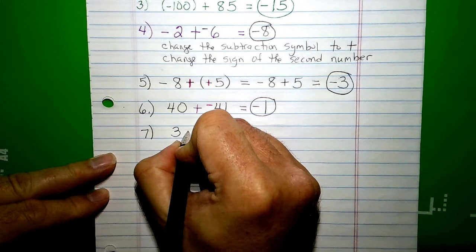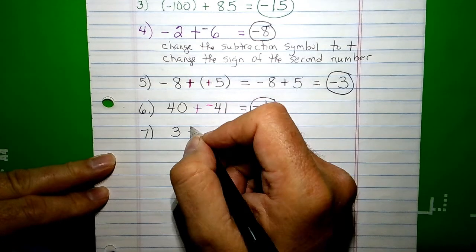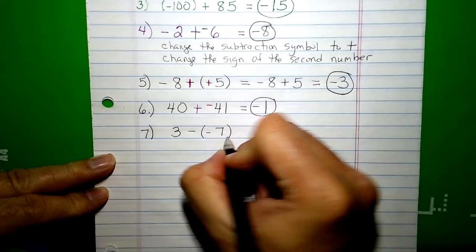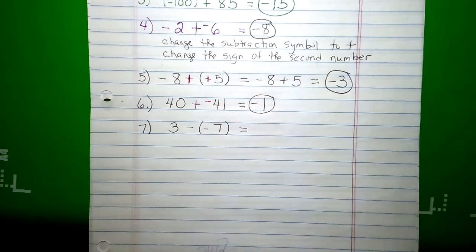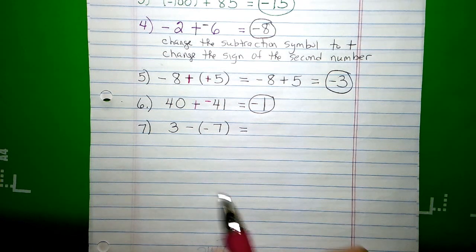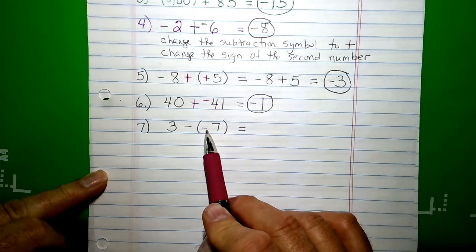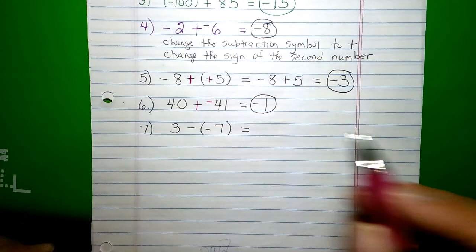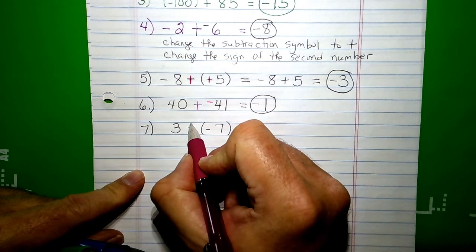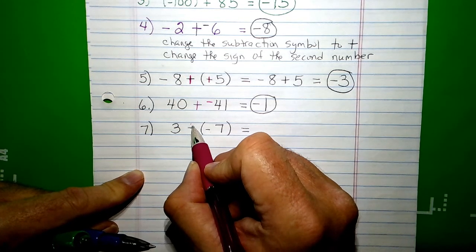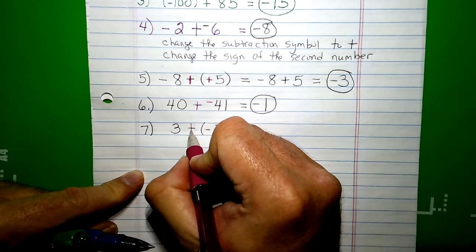Another example. 3 minus a negative 7. Back to what I just finished saying a while ago. If you see two minuses, you could just write it as a plus. What do I mean by that? Change the sign of the negative. Change the subtraction symbol to plus.